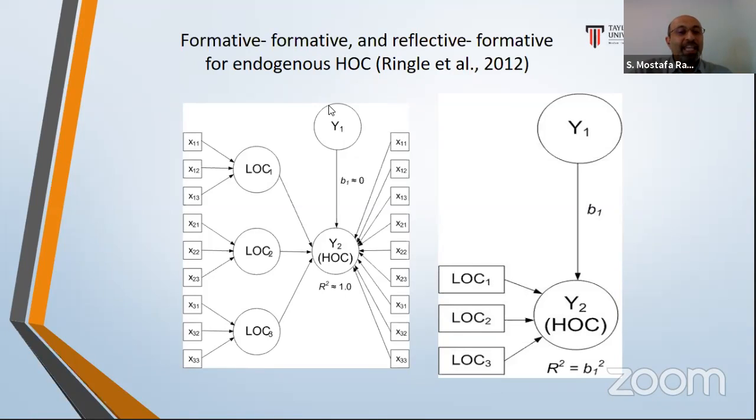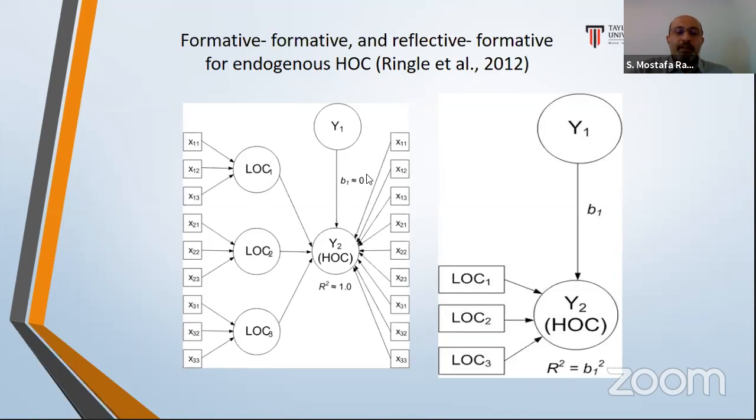So if you include any independent variable in this framework, the path coefficient will be 0. To avoid this problem, especially if our DV is a second order formative construct, the literature and this paper recommend applying two-stage.